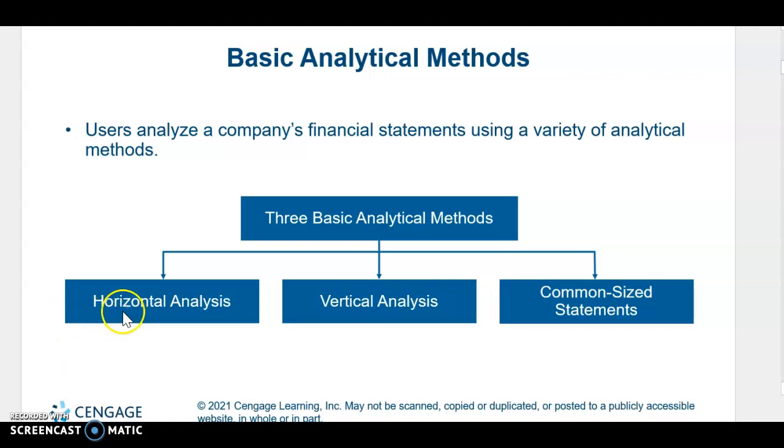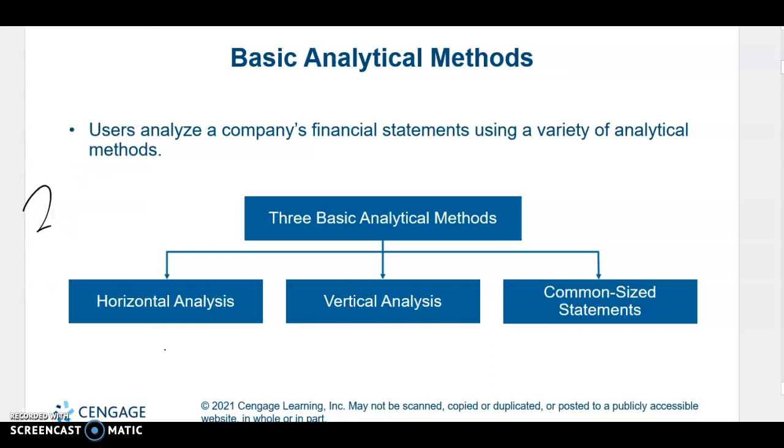All right, the 3 ways that we're going to do this is, first, we have horizontal analysis. And horizontal analysis is going to be comparing year to year. And if you think about the financial statements and you remember the columns that we have, a company will put 2019's information, and then right beside it they'll have, let's say, 2018's information next to it.